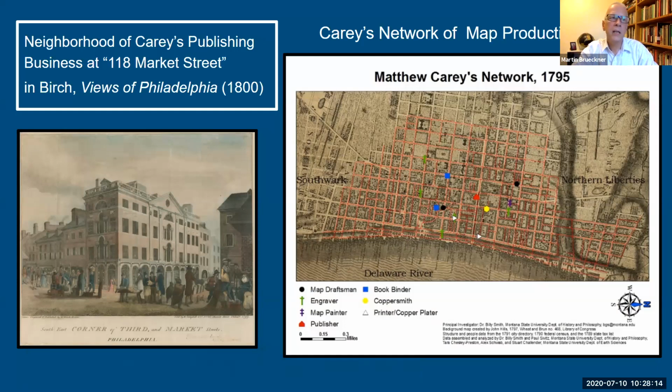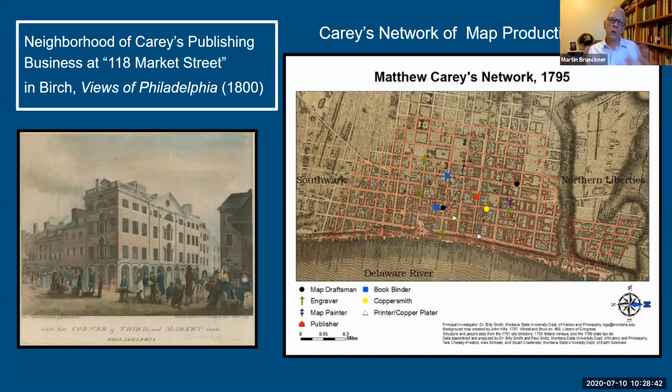And what he did was, when he outsourced all the various components of building a map, if you look at the overview map, which I was able to get from Billy Smith, a historian at Montana State, who allowed me to plunk down all my data and create this kind of thematic map of map production in Philadelphia, you can see that pretty much all work was conducted within a 4-block radius of Carey's shop.